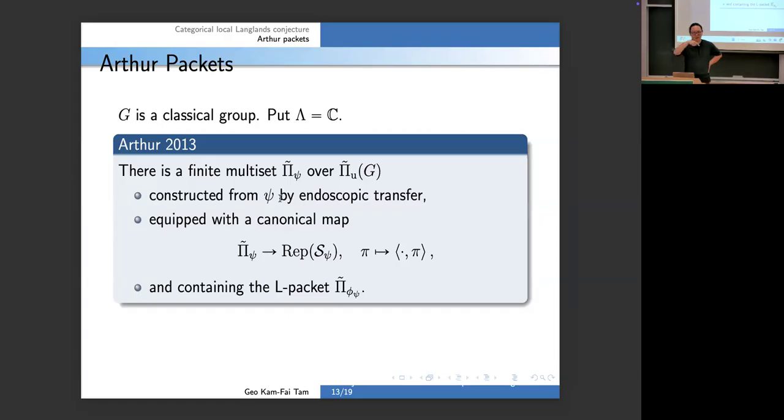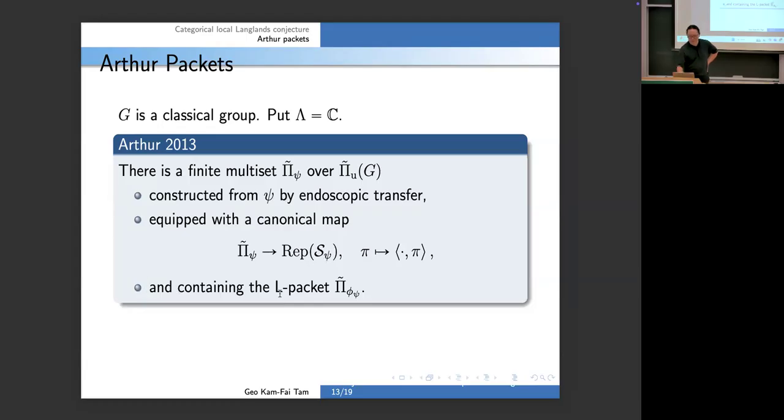That means those representations satisfy some character relation given by endoscopy theory. And there's a map from the Arthur packet to the representations of the centralizer group of the Arthur parameter.